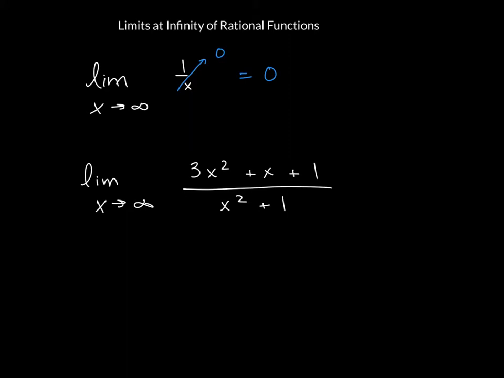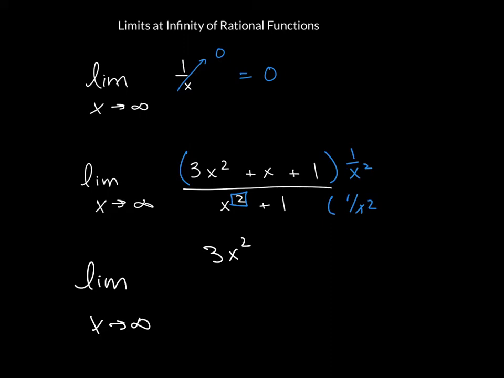And how we're going to break that up is I'm going to take each of these pieces in the numerator and denominator and examine them. But first, I'm going to take whatever the highest exponent is and multiply all of these by 1 over x squared.